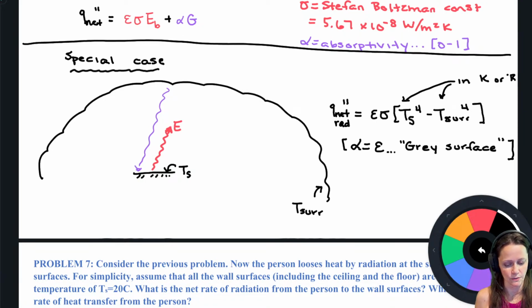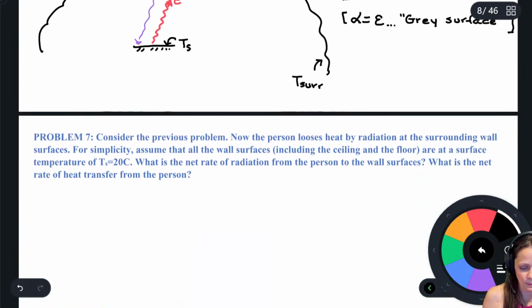That assumption will be okay, meaning you'll get a minimal error in your analysis, as long as the temperature difference between the surface and the surroundings is not absolutely huge. A couple of hundred degrees, maybe it's not going to matter too much.